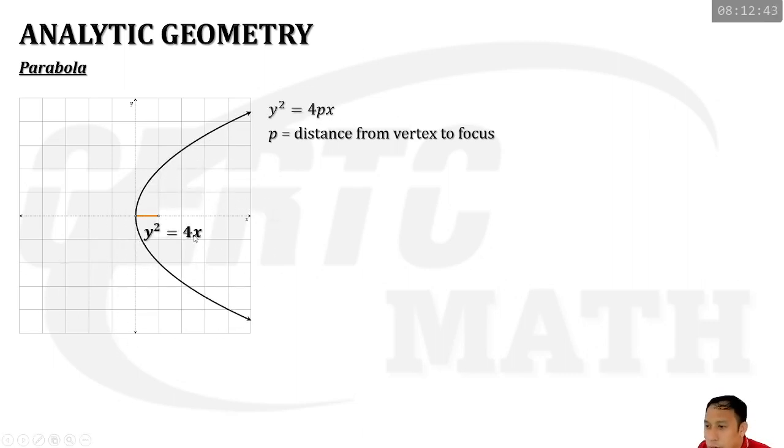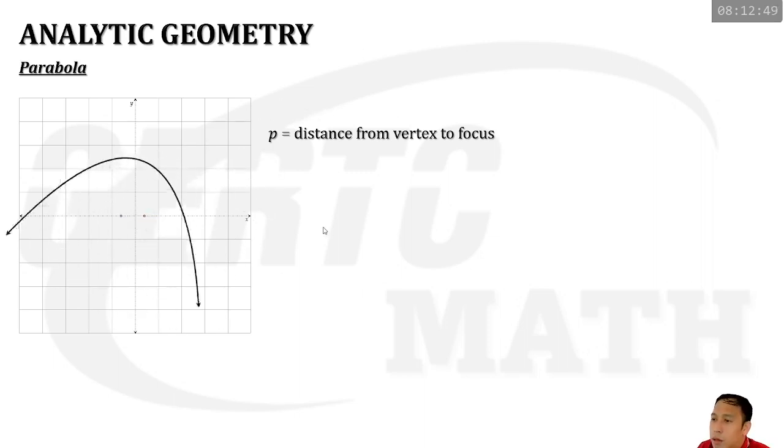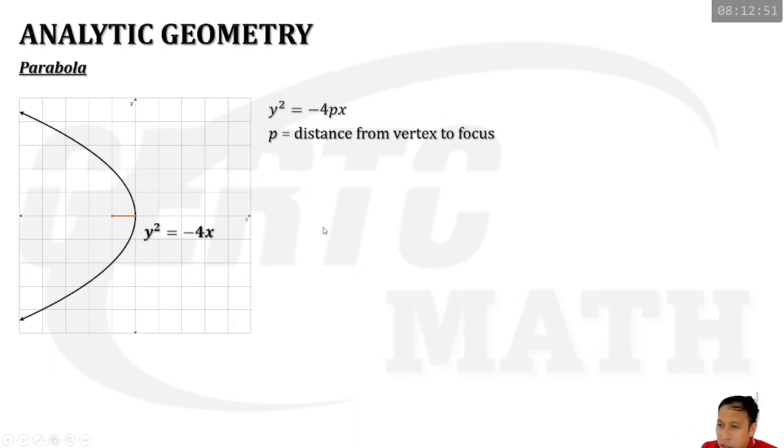If positive 4x naman, it opens towards the positive x direction. And if minus naman, it opens towards the negative x direction. So that's how to indicate where a parabola opens towards. Tingnan mo lang kung ano yung sign ng linear term at the right side.